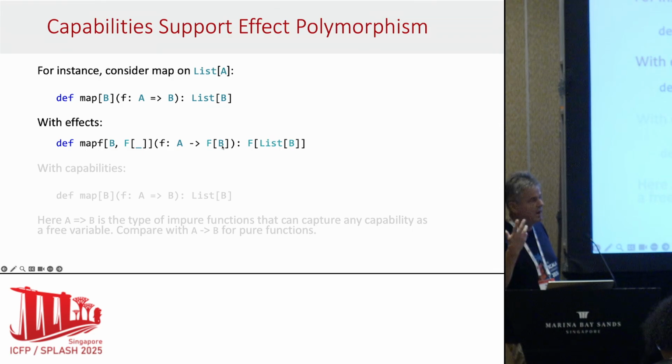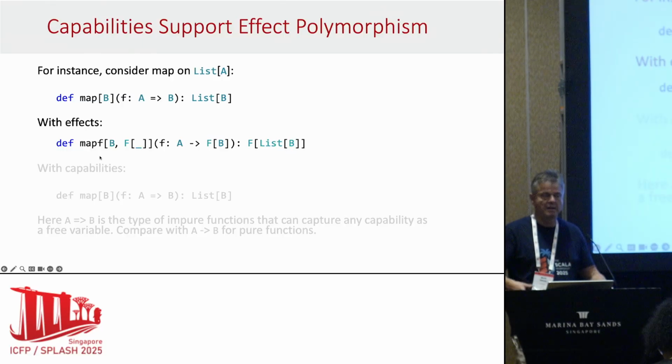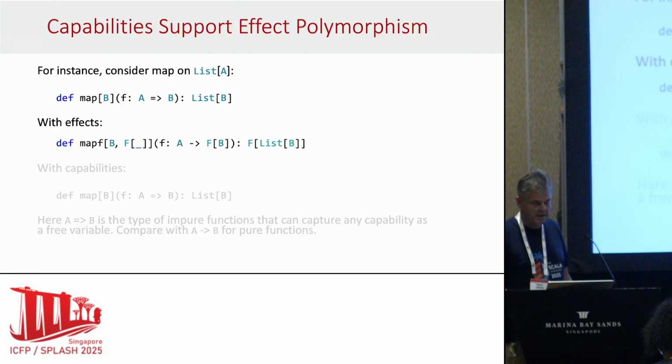It could be IO or Either or whatever. And I give you back an F of List of B. And that becomes a lot more scary. And secondly, I notice that I need to have two maps, map and mapF. And that means I need to do that for essentially everything where I can have effects, which is basically everywhere.